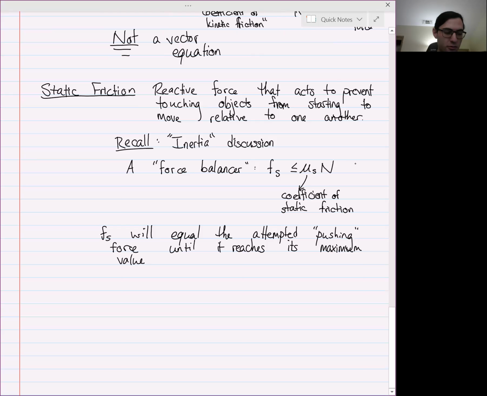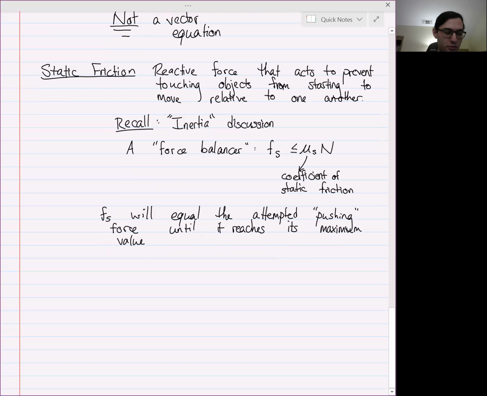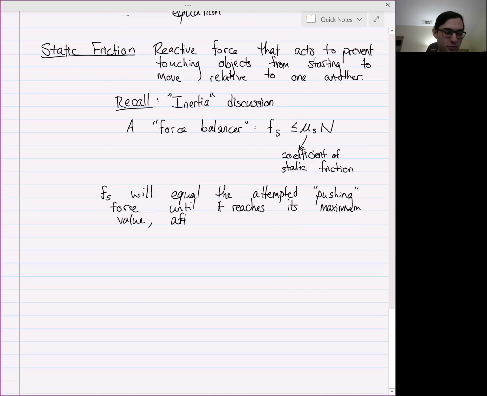So it will match the force backwards until your pushing force is larger than its maximum possible value. After that happens, the object moves. The object starts moving.